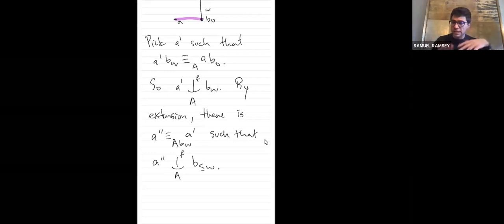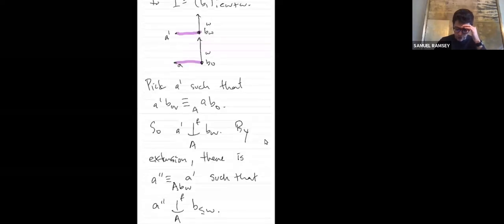So extension says that if you add more parameters, you can move the object to be independent, not just with the old parameters, but also with the new ones, preserving the type. So now we've made it independent, not just with B omega, but in fact you're independent now with this whole initial segment up to and including omega.